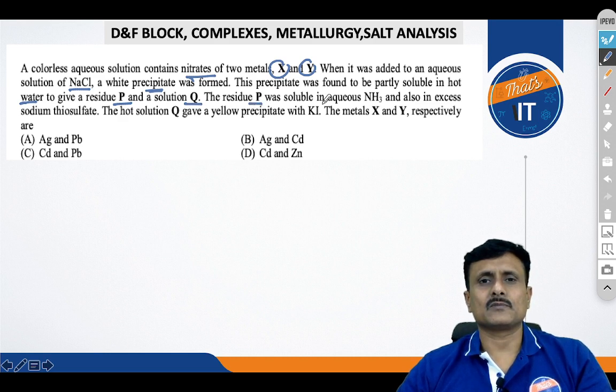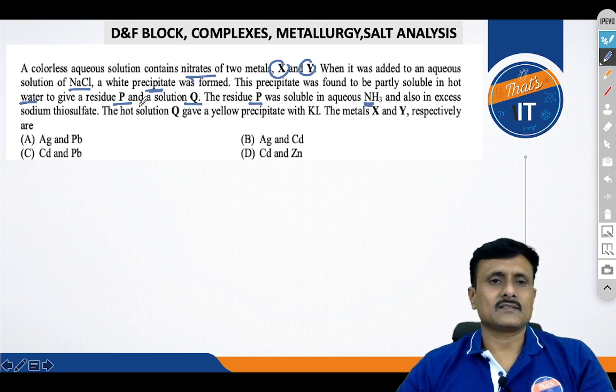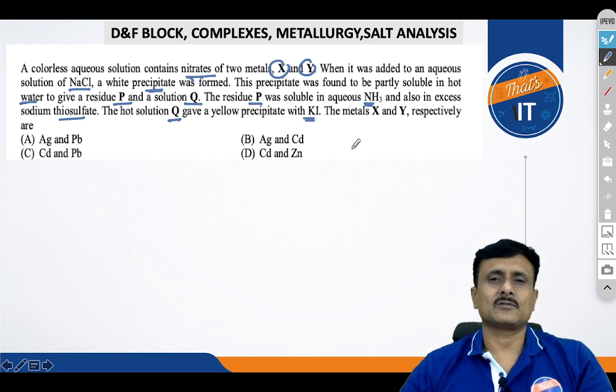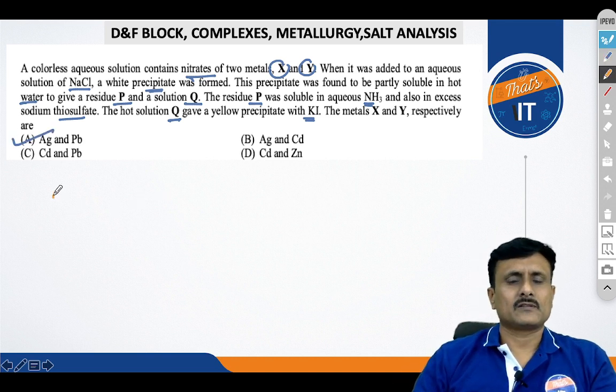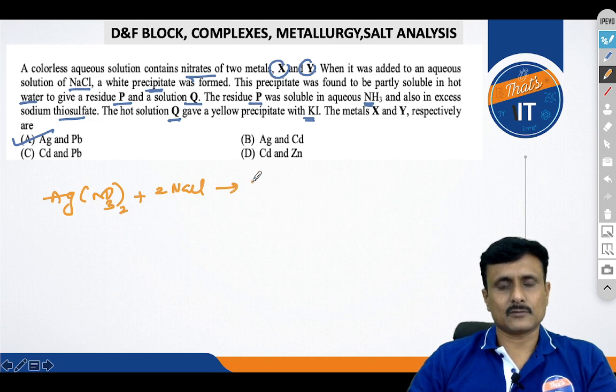The residue P was soluble in NH3. That clears the game, right? And also in excess of thiosulfate. The hot solution of Q gives a yellow PPT, right? With yellow, Pb. So silver and Pb, basic question, right? You can see what's happening: silver nitrate is added to the solution of NaCl to give you what?